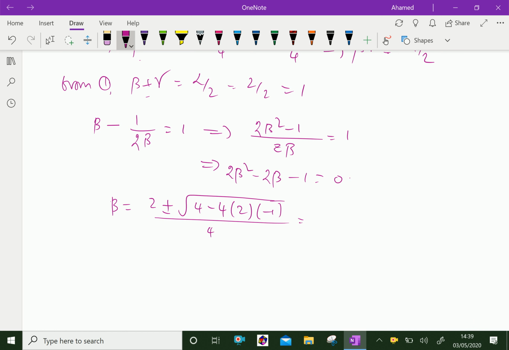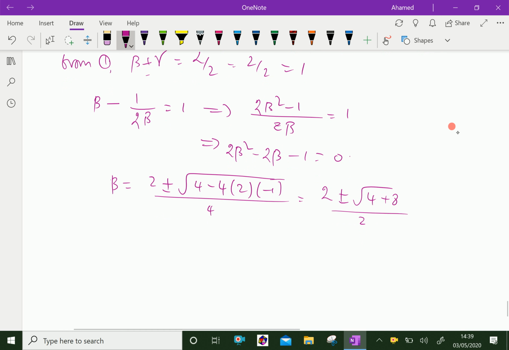Therefore beta is 2 plus or minus root of 12 over 4. The square root of 12 is 2 root 3.